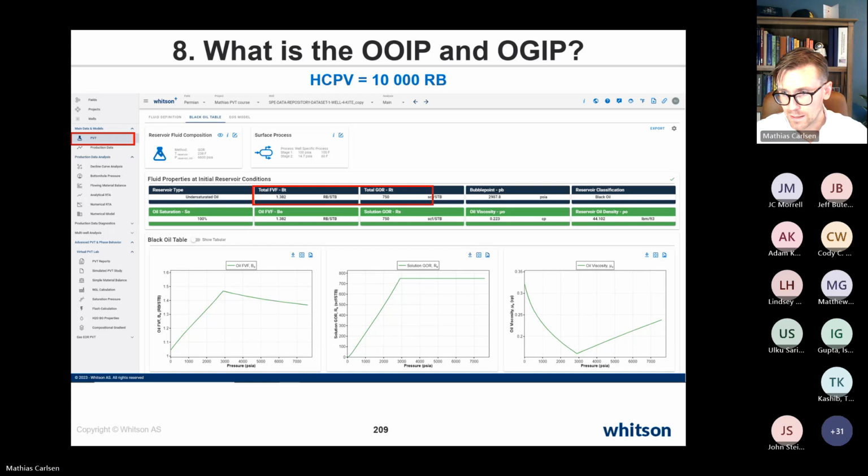So if we do the first one, the oil in place is equal to 10 million divided by 1.382, and that gives me 7.2 million barrels. Then I take that number and multiply it with my GOR, which was 750.